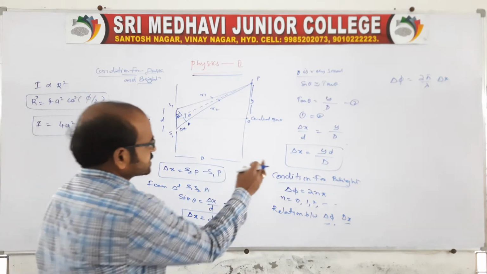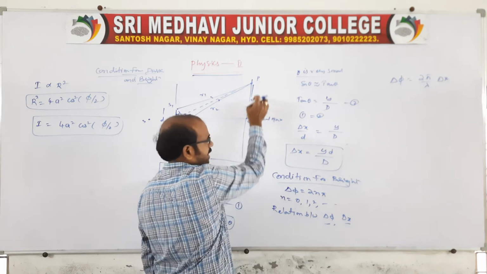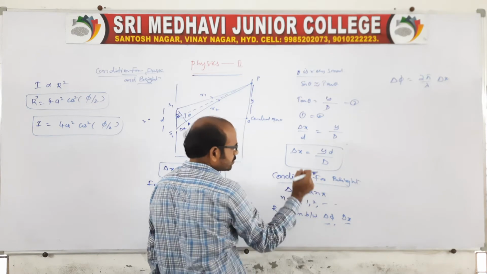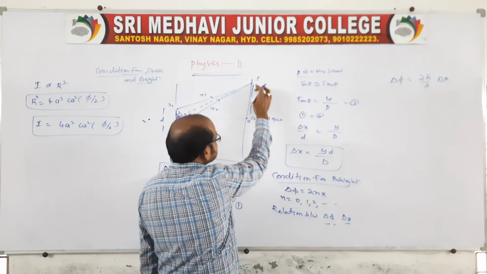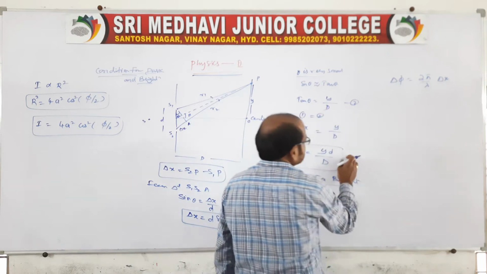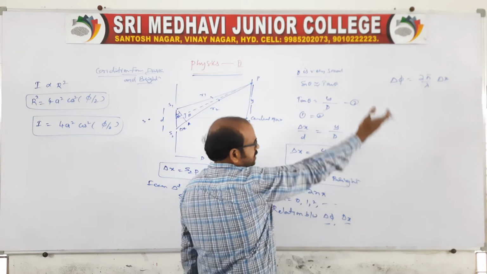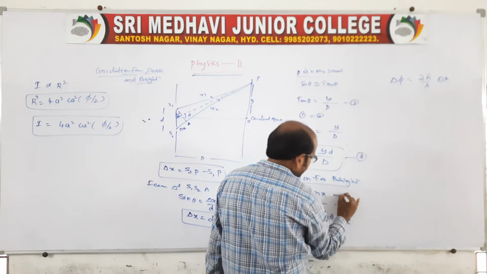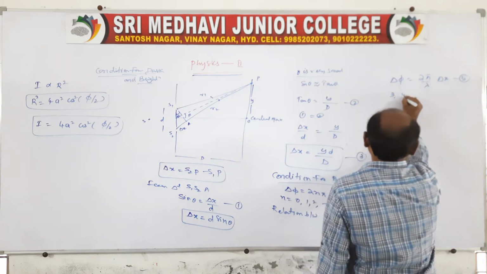Since we are discussing the bright band, at a point P, y is the nth bright band. Here we substitute delta x and delta phi equal to 2n pi. Call these equations 3, 4 and 5.